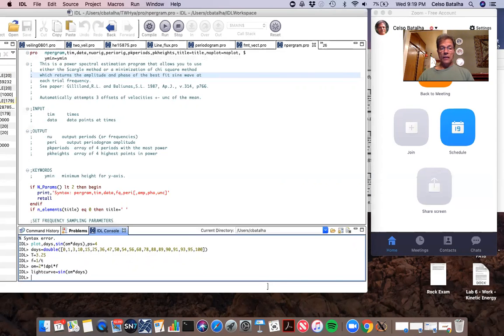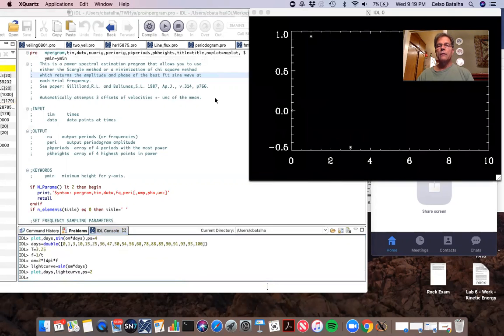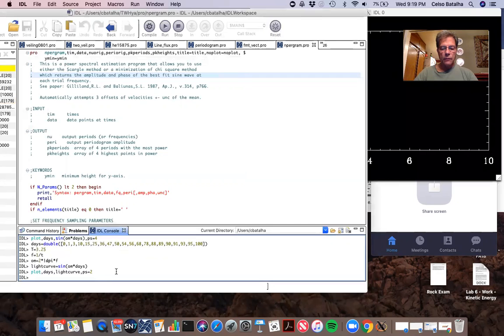I have the days I observe, and I can plot days and light curve with the symbol equal to. See what I got. I got nothing. Oh, wait a second, I think I have some problem.